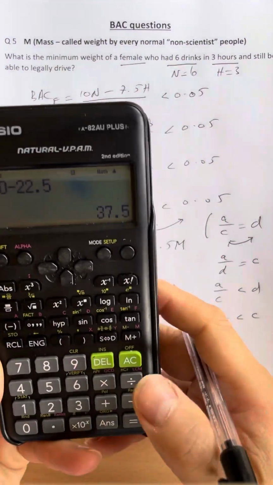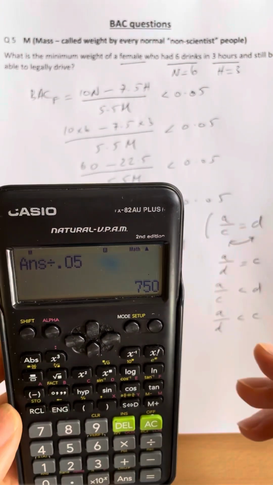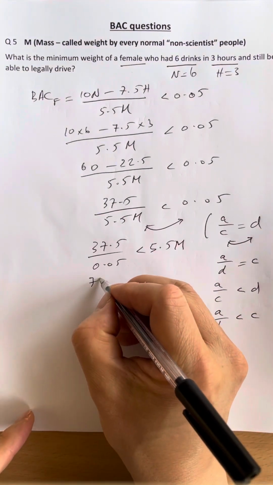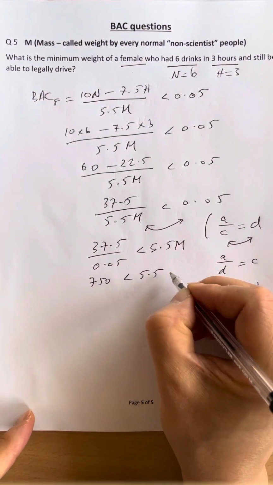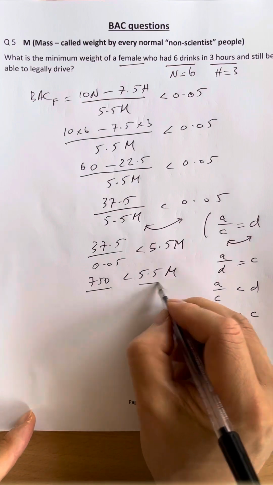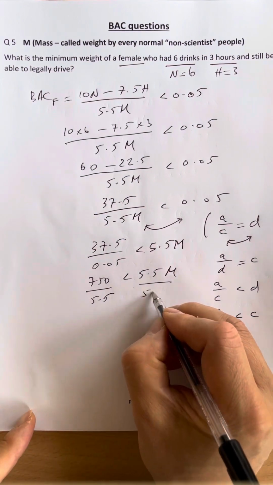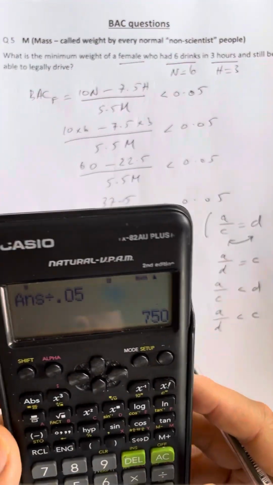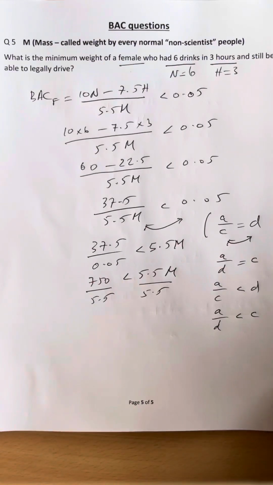So 37.5 divided by 0.05 is 750. So 750 is less than 5.5M. Then you divide both sides by 5.5.